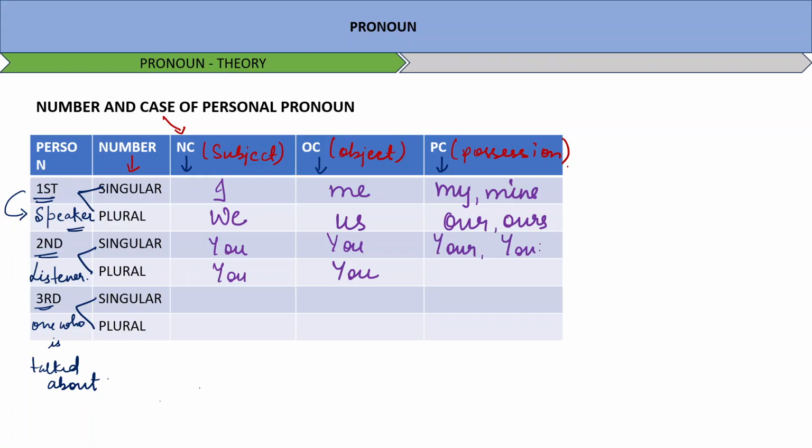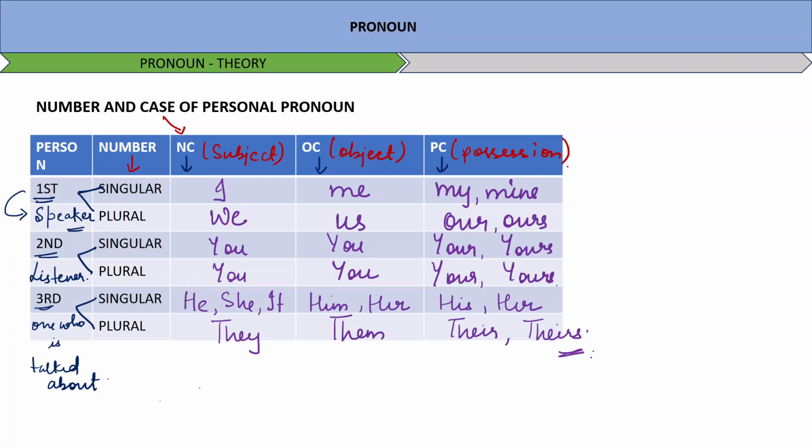Third person singular, plural: he, she, it; him, her; his, her. Plural: they, them, their, or theirs.